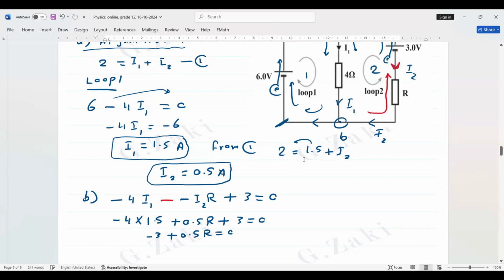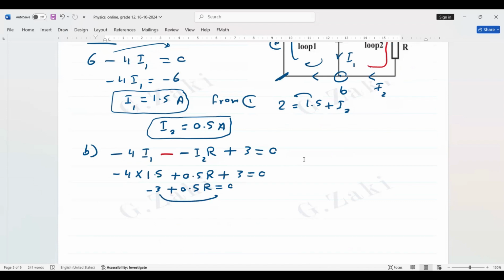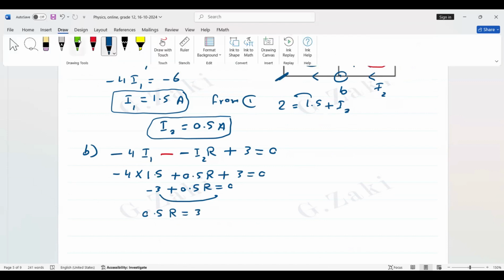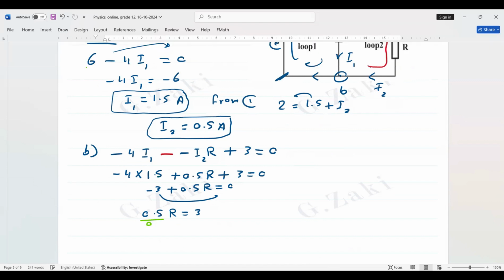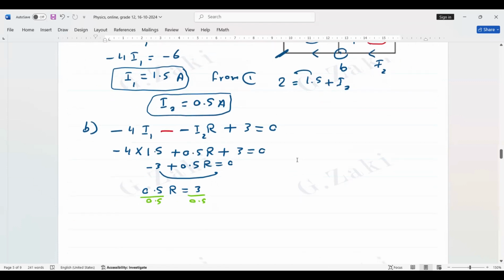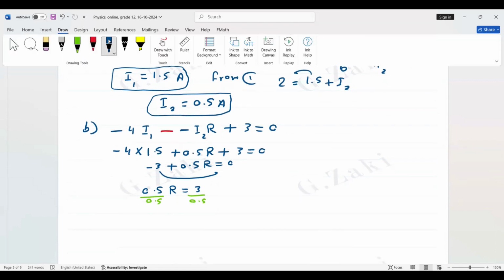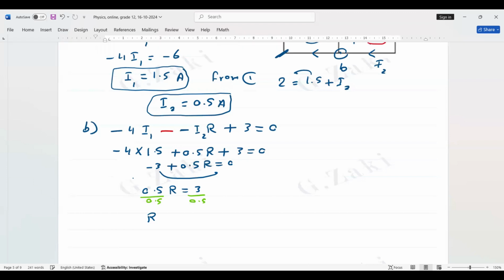From this, we can get R, shift negative 3 to the other side. Of course, your answer must be positive. So 0.5 R equals positive 3, divide both sides by 0.5, then you can get R. Then R equals 6 ohm. 3 divided by 0.5 is 6 ohm. Very good.